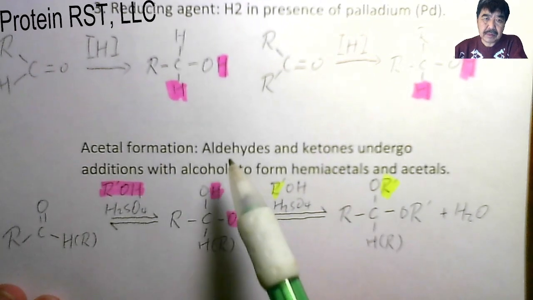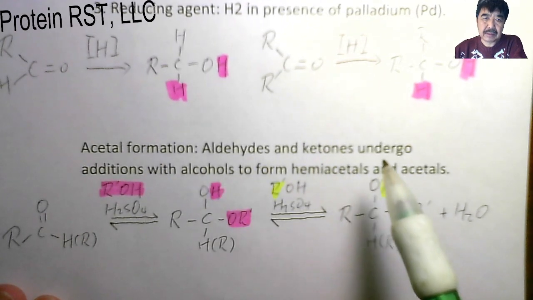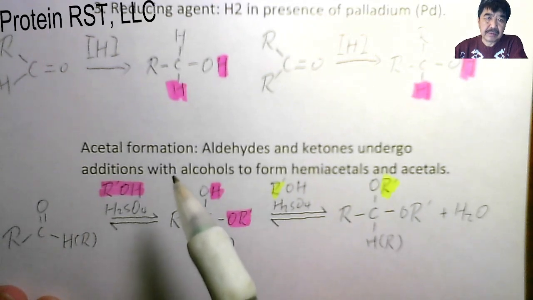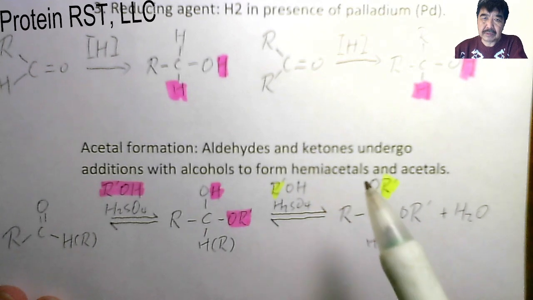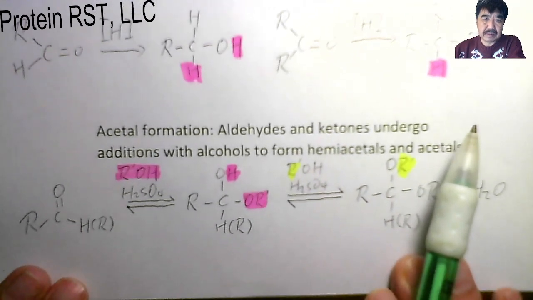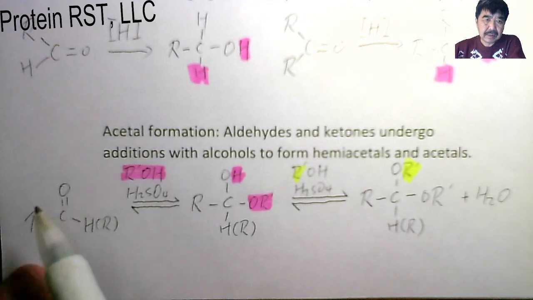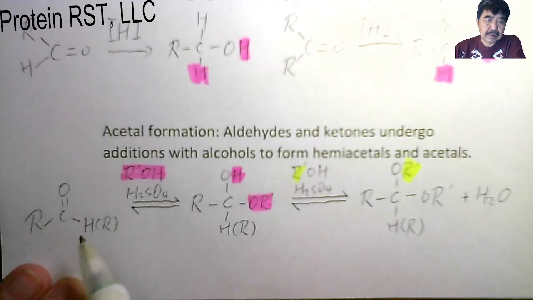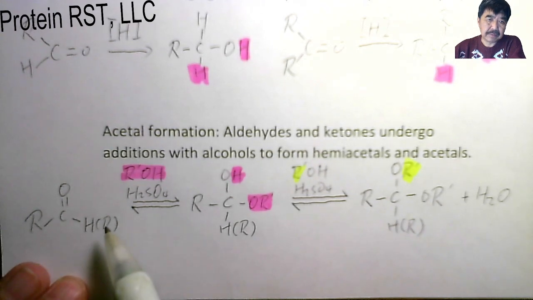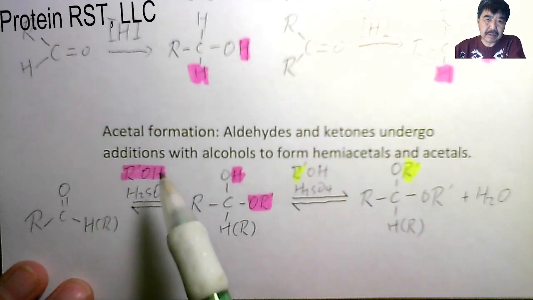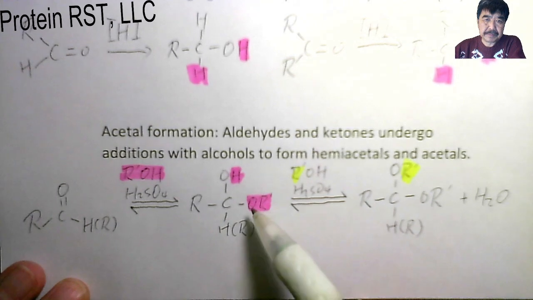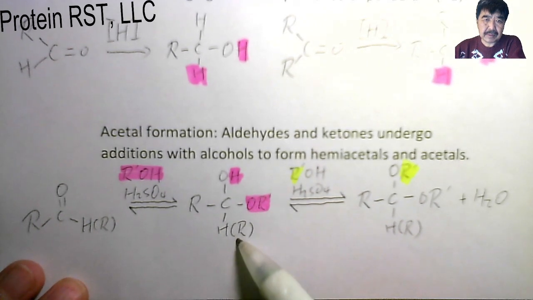Acetal formation. Aldehydes and ketones undergo addition with alcohol to form hemiacetals and acetals. Take a look at this. This is the aldehyde if it's H here, it's the ketone if it's R here, and then it interacts with the alcohol to form this compound.